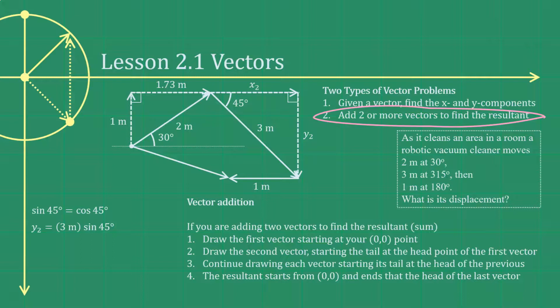And because the sine of 45 is equal to the cosine of 45 for a 1, 1, square root of 2 triangle, that means that the x value is going to be 3 times the cosine of 45. When I plug this in and solve, I find that y2 and x2 equal 2.12 meters.